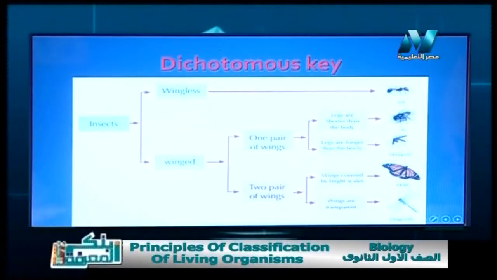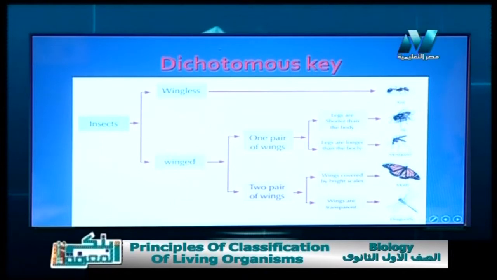For example, the insects here can be classified into two groups, wingless or winged. The wingless insects have no wings, like the ant.